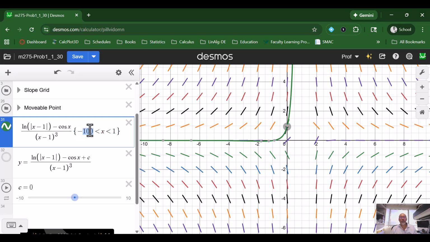Now I can't do -infinity in Desmos, so having a really big number here like 100 is probably good enough, and this is exactly what we're seeing as our solution.